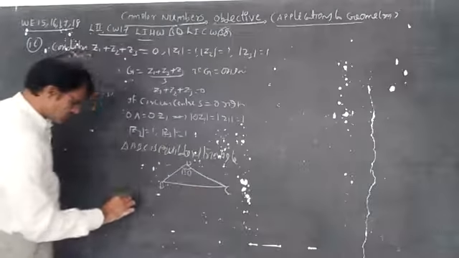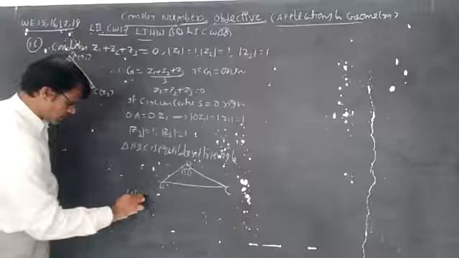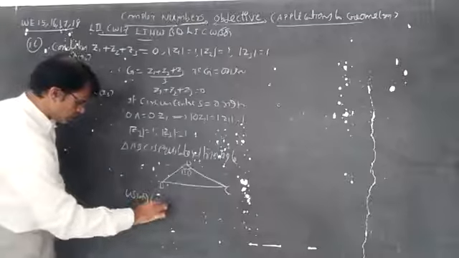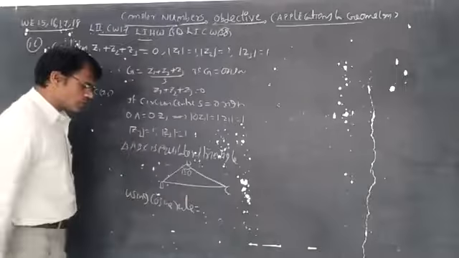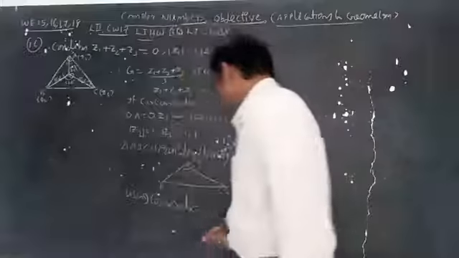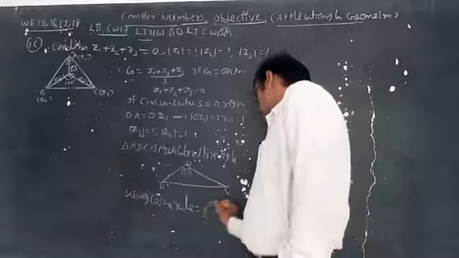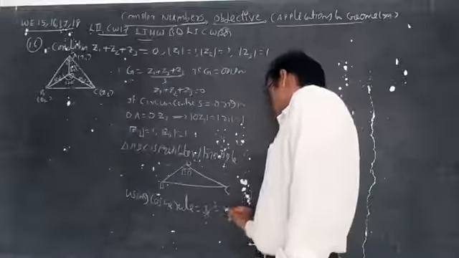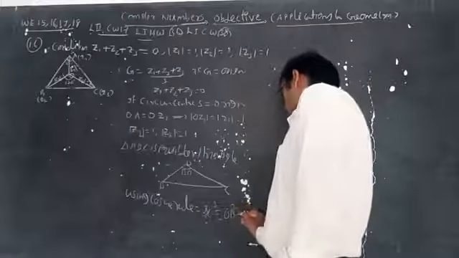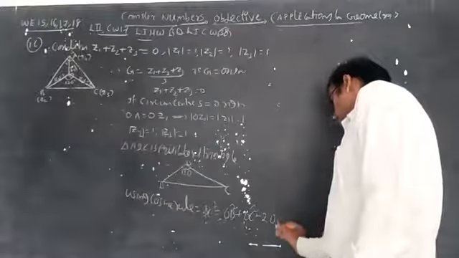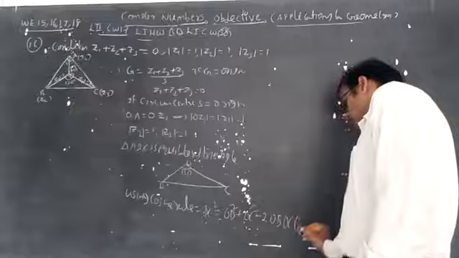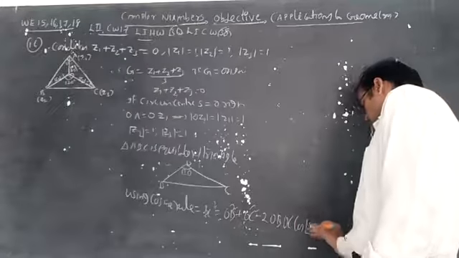So using the cosine rule we can write: BC square is equal to OB square plus OC square minus 2 OB into OC into cos of angle BOC.